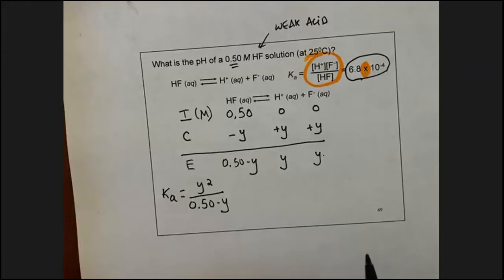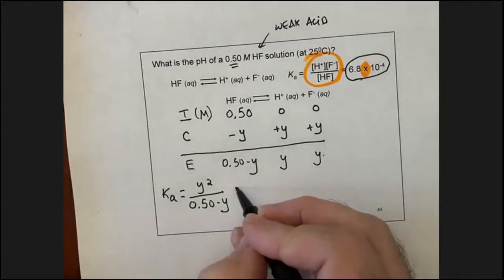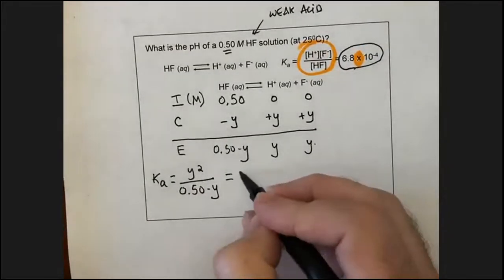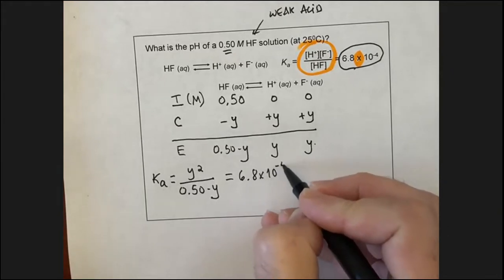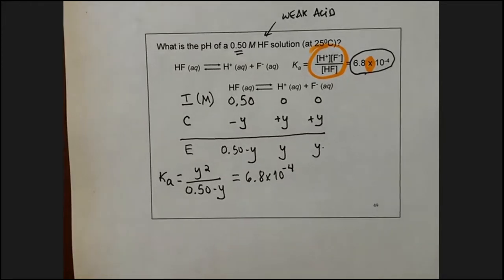All right. And according to the value of Ka, this should be equal to 6.8 times 10 to the negative 4. Right?